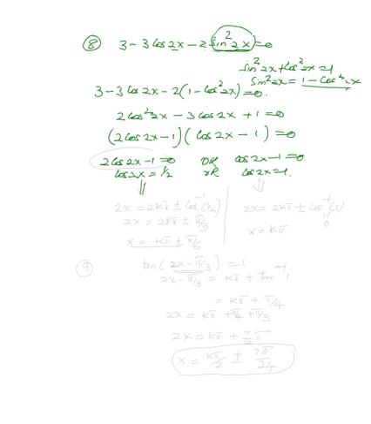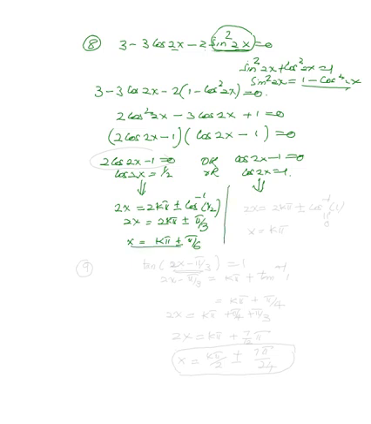Now if I want the general solution, it will be 2x equals 2k pi plus or minus cosine inverse of 1/2, which is the same as 2k pi plus or minus pi over 3. So if I need to solve for x, I have to divide everything by 2, so x equals k pi plus or minus pi over 6.